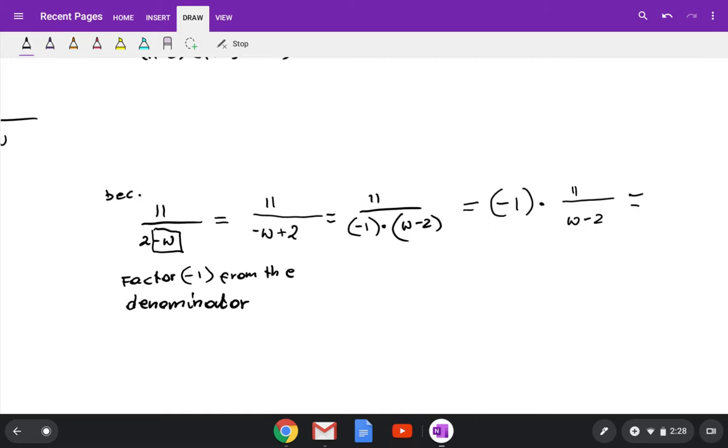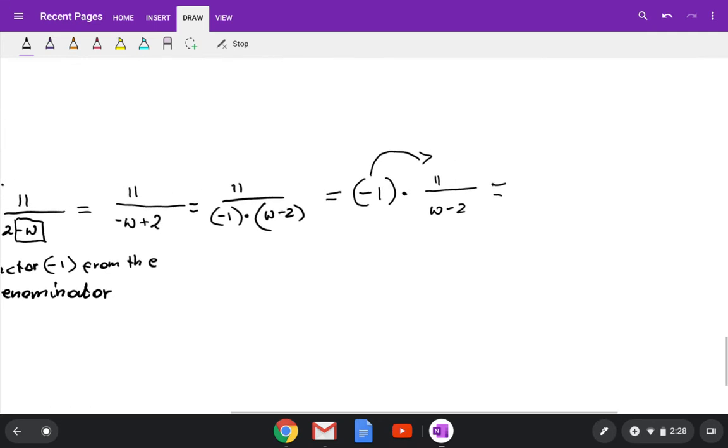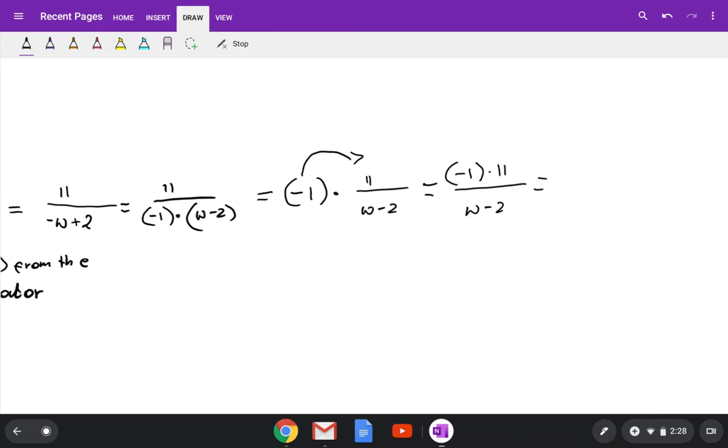And now you can multiply that negative 1 by the numerator. Technically, you take negative 1 from the denominator and move it up to the numerator. So that will become negative 1 times 11 over w minus 2, which is the same as negative 11 over w minus 2.